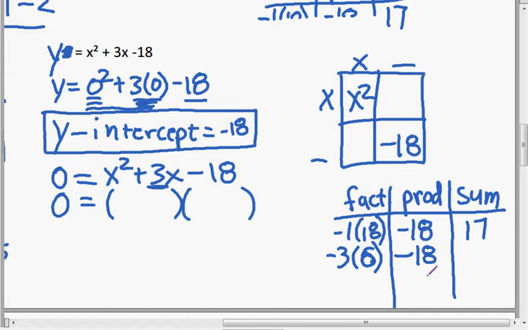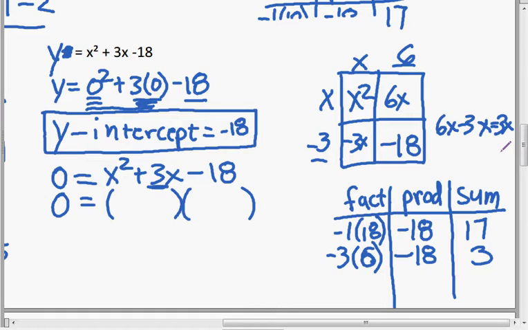When I add them, I get +3. That works. That's what I want. So I need -3 and 6. -3x, 6x. When I add those, 6x minus 3x gives me 3x. And that's what I want. So I know I have x plus 6, x minus 3.